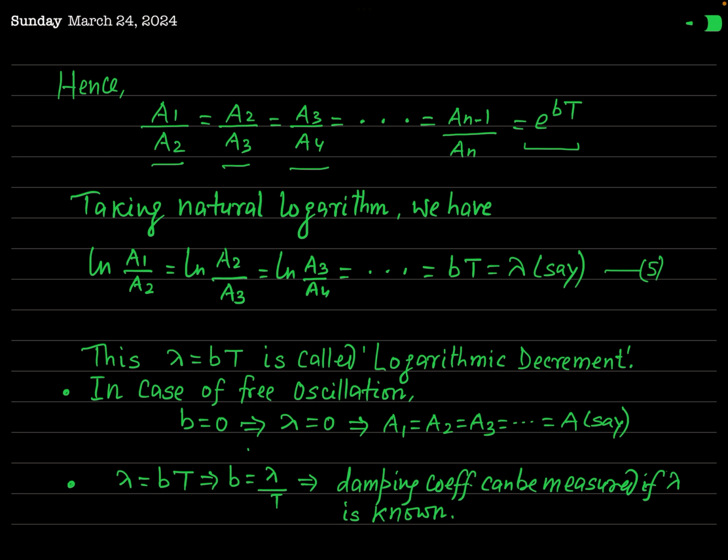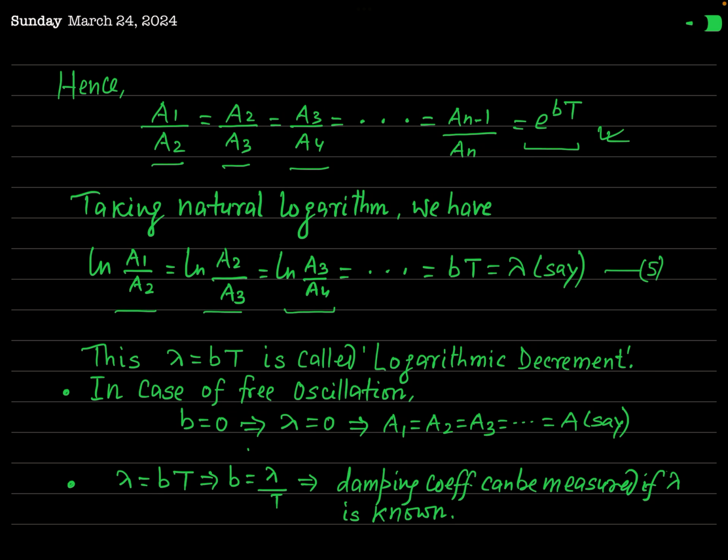Okay. Now let us take the natural log of these ratios. So taking the natural log, this result can be written like this. This is log A1 over A2, equal to log A2 over A3, equal to log A3 by A4, and so on.